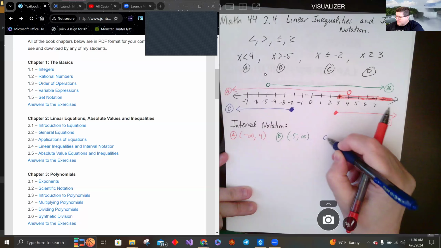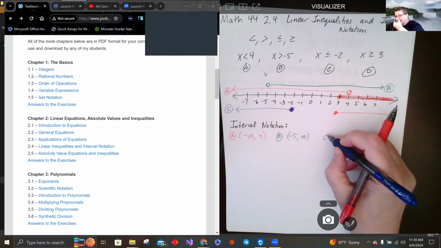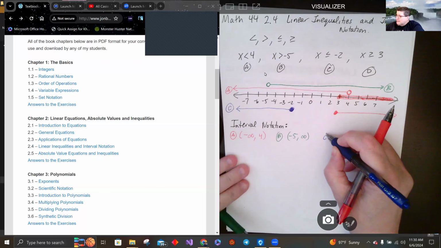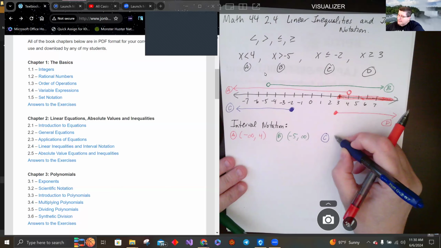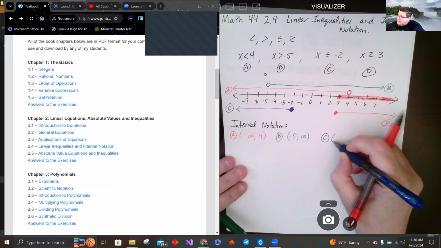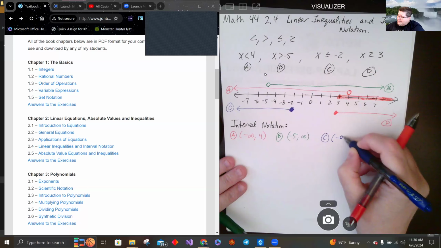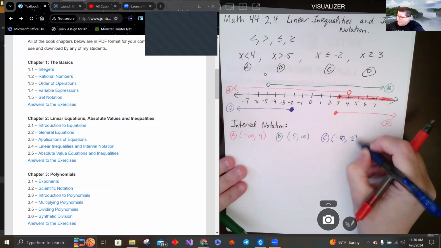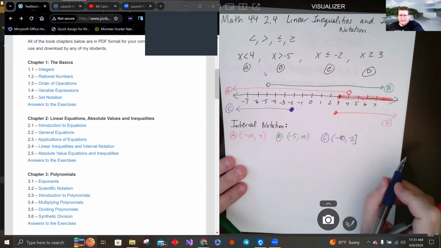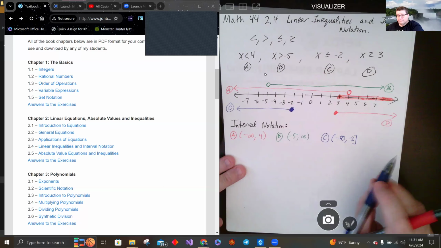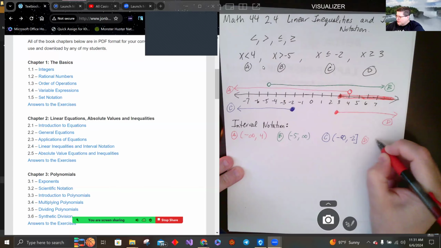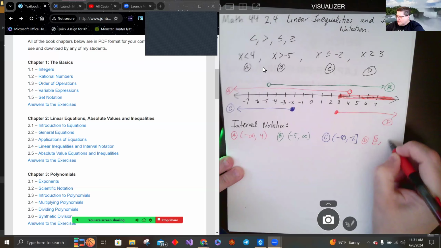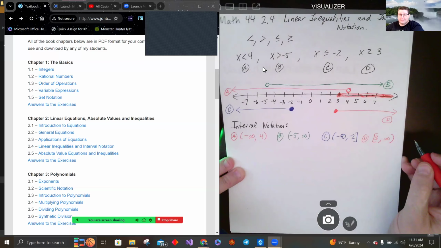So A is -infinity to 4. We have parentheses on both sides. B is -5 to +infinity. It's got parentheses on both sides. C goes from -infinity to -2. We have a parentheses with the -infinity, and the -2 gets a bracket. And finally, D starts at 3. It gets a bracket, and it goes up to +infinity, which gets parentheses.